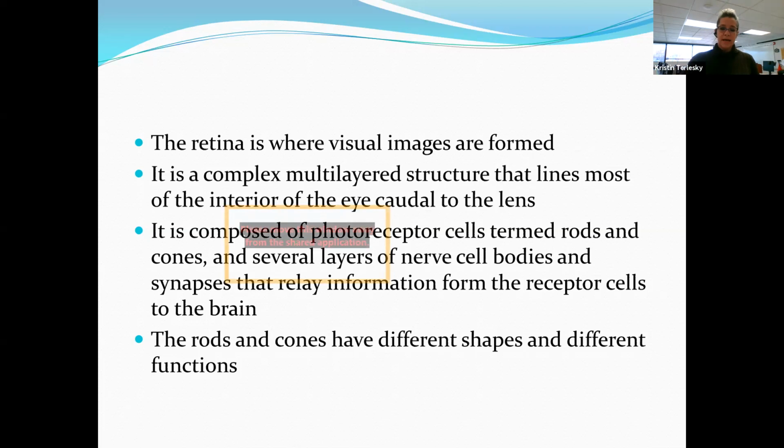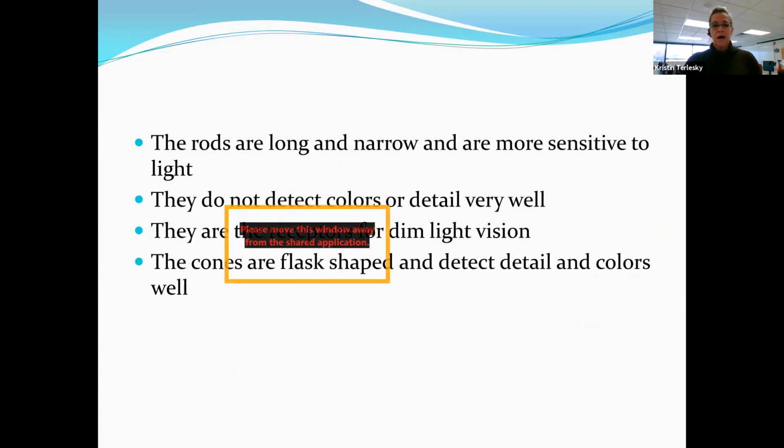So the rods and cones have different shapes and different functions. There are different types for different colors. The rods don't detect color or detail; they're basically for bright light and dim light vision. The cones are going to be more of your detail and colors, and there are different shaped cones and different size cones, all for different colors.